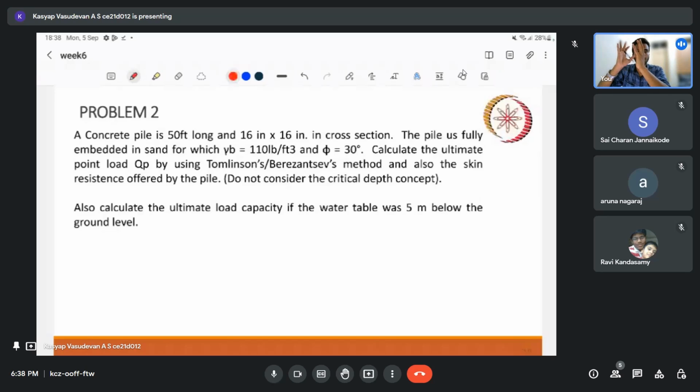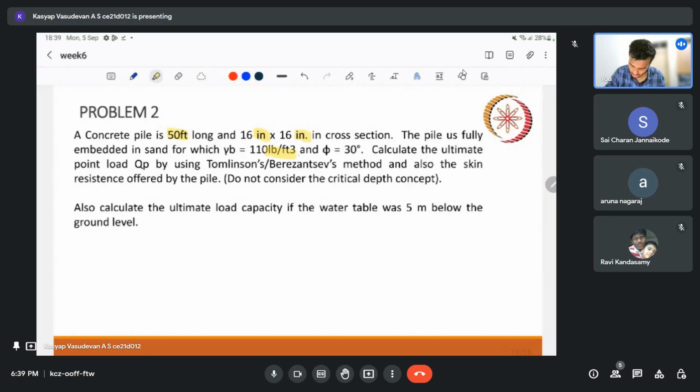Another is the skin, in and around the pile, where the soil provides another resistance through the skin of the pile. That is the skin resistance. These two can be added to get the ultimate pile capacity. We are given certain values, but the units are different, inches and feet.